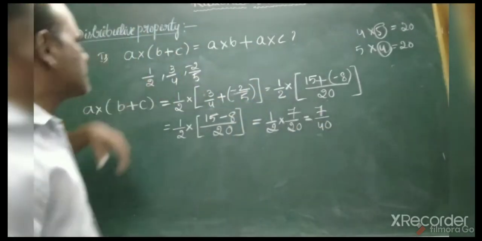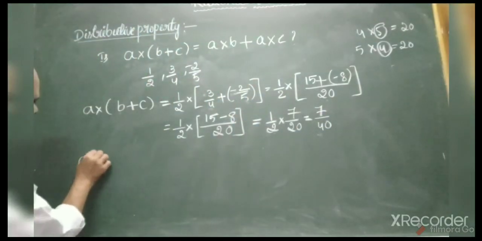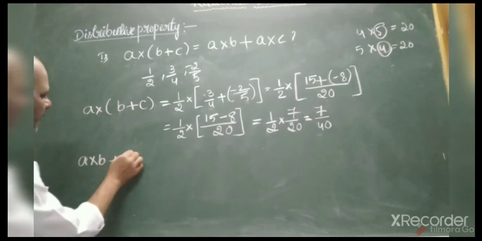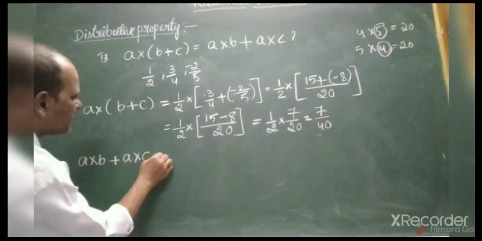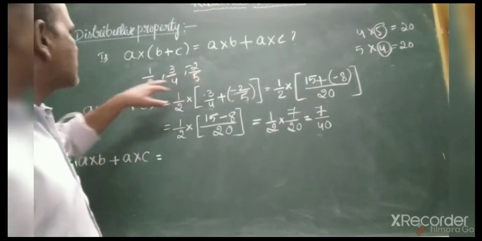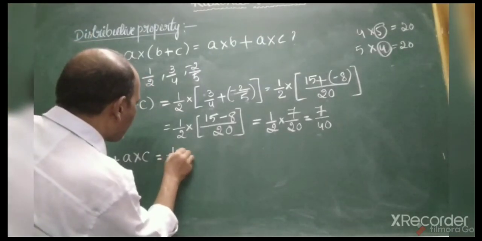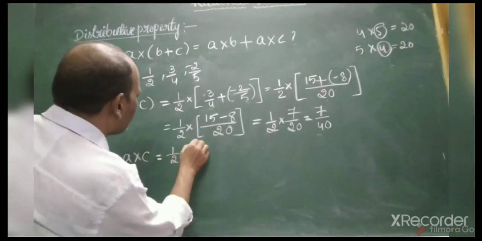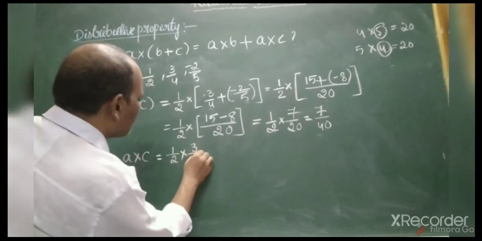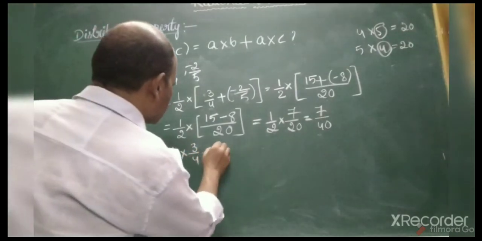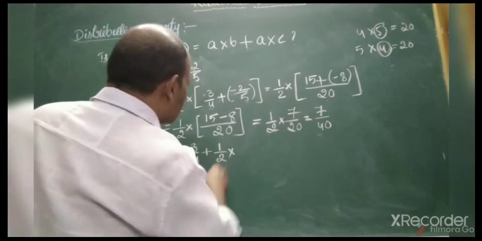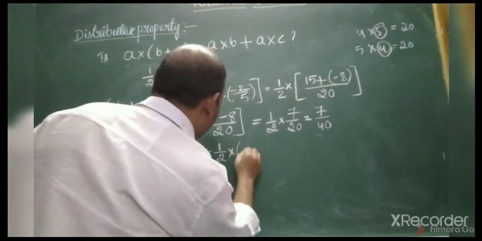Now come to the right hand side. a into b plus a into c is equal to, a is 1 by 2, 1 by 2 into 3 by 4, a into b plus a into c, c is minus 2 by 5.